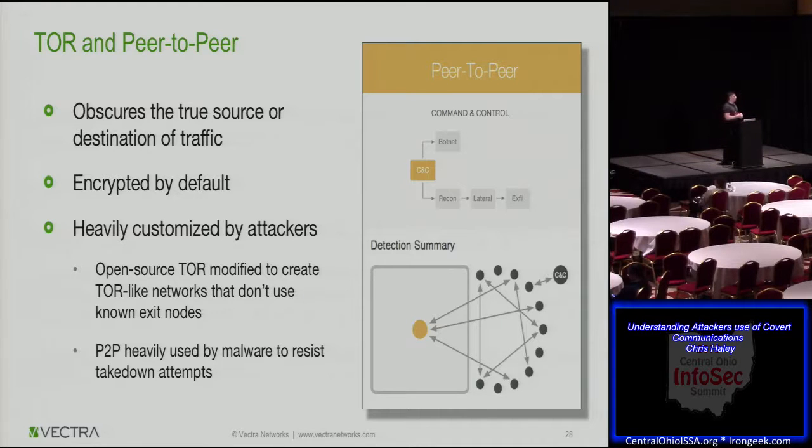But with TOR, it's very recognizable within a pattern and mathematical sequence. The other one too is around peer-to-peer, and when you look at peer-to-peer, pretty resilient, right? If a node fails, then they can bounce to the next one and reestablish a command and control presence.